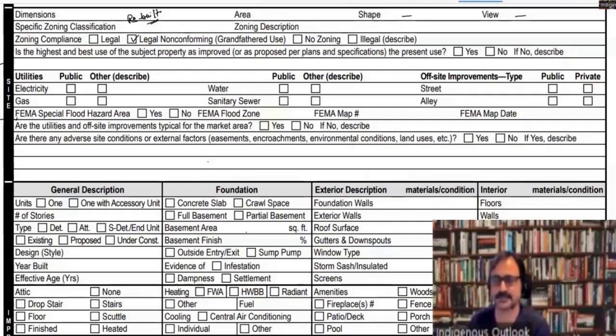Whenever you come across such an option checked, we know that the property is legal, but it is in the non-conforming zone. Now, if something happens to the property and it could be rebuilt again as a residential property, then we are good. But how will we confirm the borrower is authorized to rebuild the property?